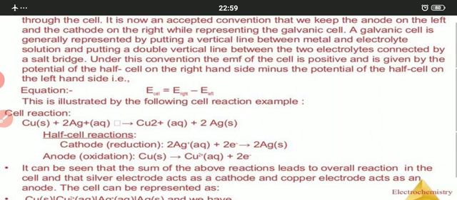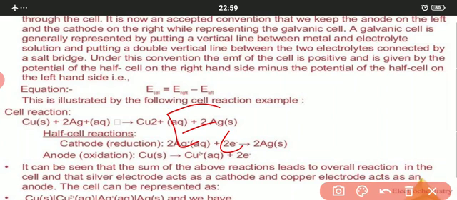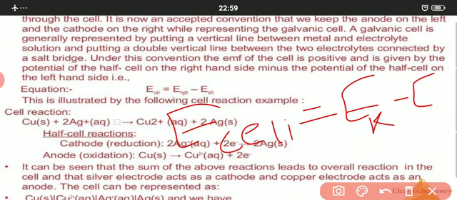If we have two electrolytes connected by a salt bridge, under this convention the EMF of the cell is positive and given by the potential of the half cell on the right-hand side minus the potential of the half cell on the left-hand side. So always remember, E cell is equal to E right minus E left.